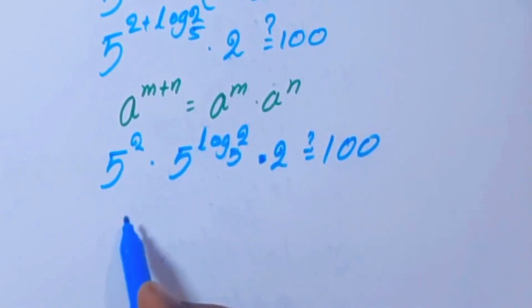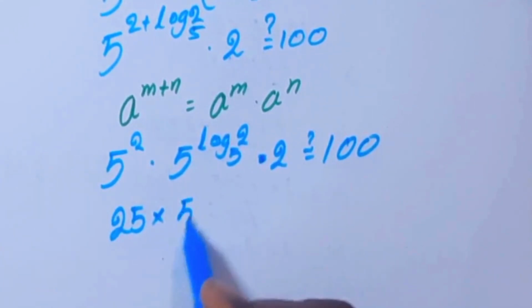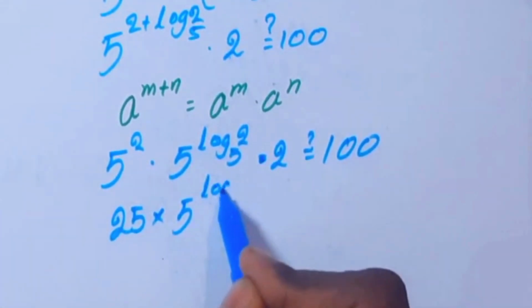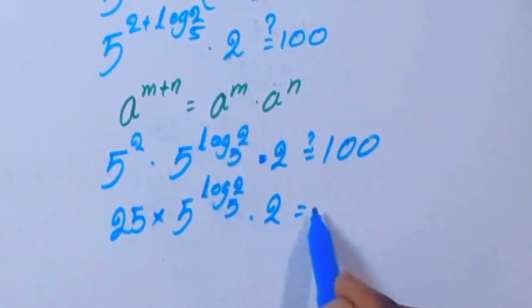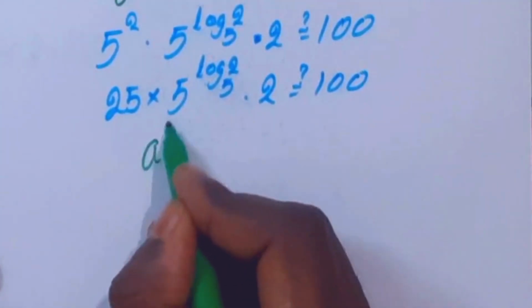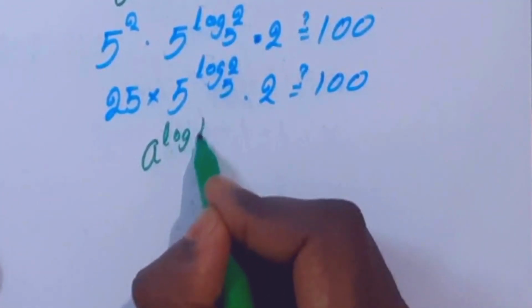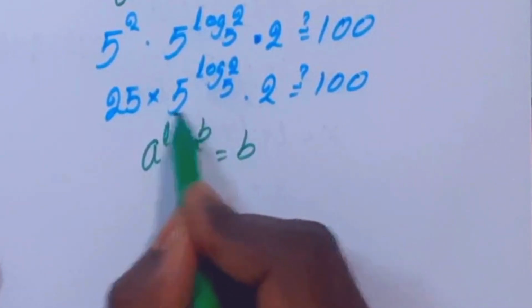Now 5 power 2 is 25 times this 5 power log 2 base 5, times 2, equal to 100. A power log b base a equal to b. We are going to apply this here.